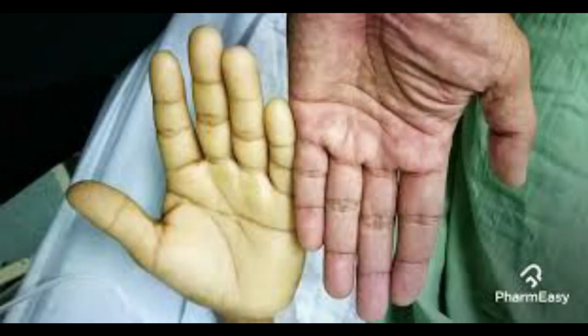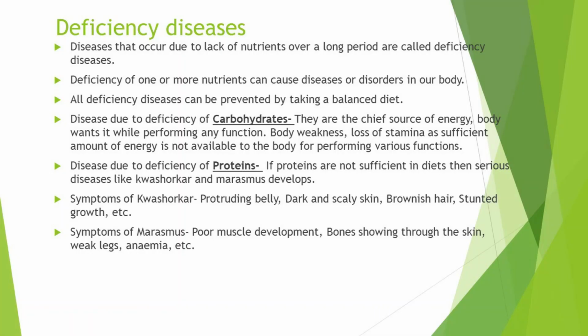Due to the lack of iron, anemia happens, in which weakness is there and loss of blood is seen. So these are the symptoms and disease names. Also in iron deficiency, weakness and fatigue, loss of weight, pale skin and loss of appetite are there.